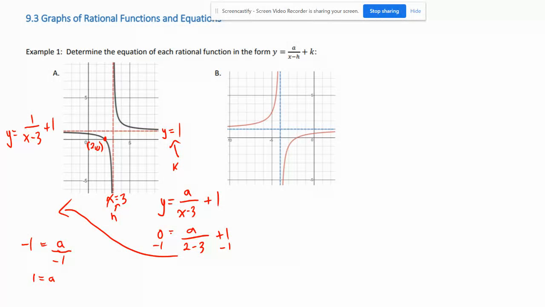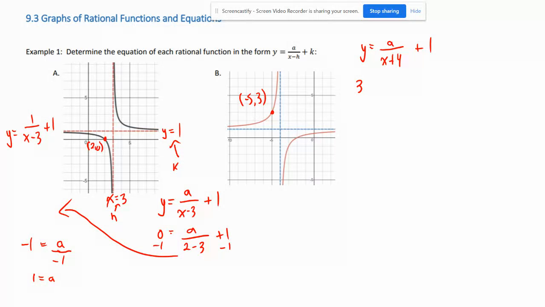Okay. Similarly, we're going to do the exact same thing for this next example. We're going to start with our asymptote, translated 4 to the left, so it's going to be x plus 4. The horizontal asymptote is at y equals 1, so that's our k value as well. We have (-5, 3) as our point the graph is passing through.